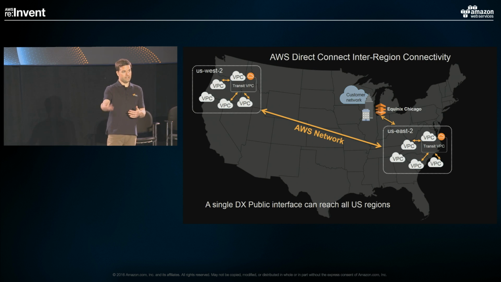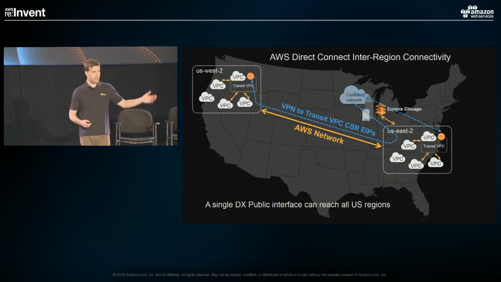So you obviously have access to your regions, all your VPCs in that region, but you would also have access to the remote regions if this clicker would ever work. So you'd be able to VPN and it would still be all over AWS private network.